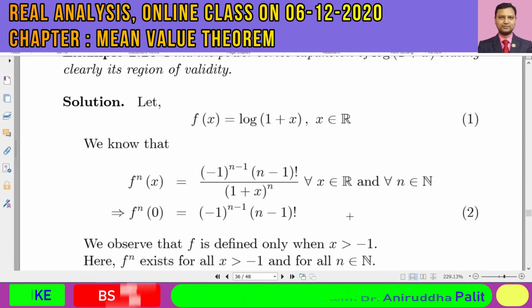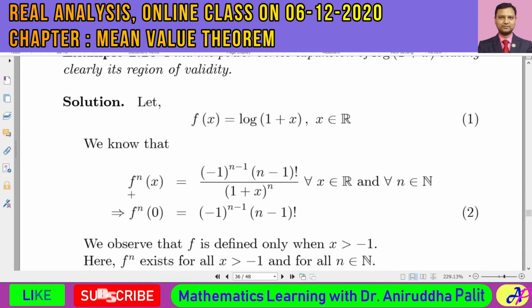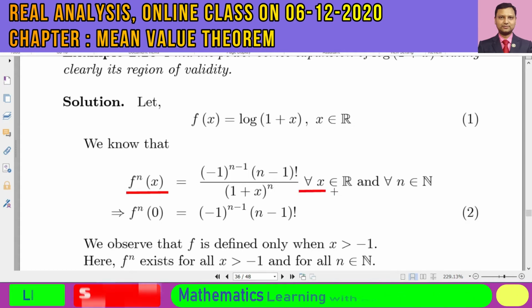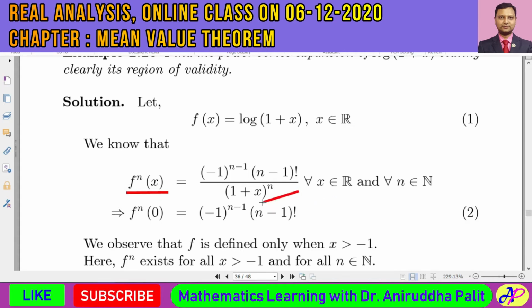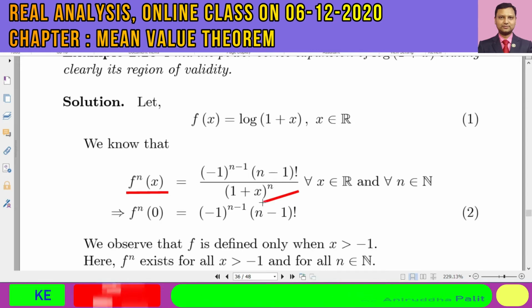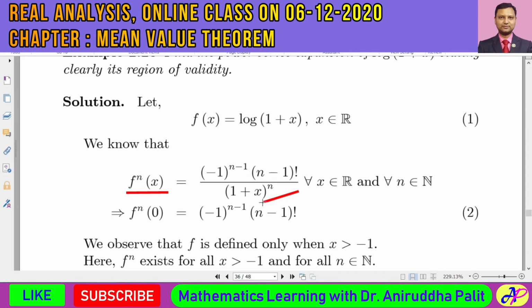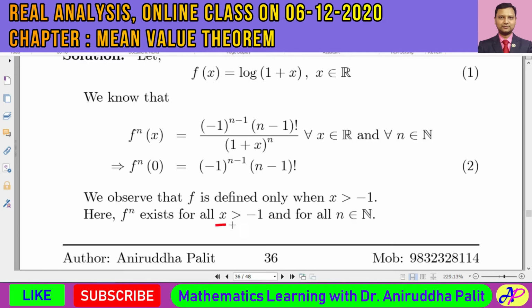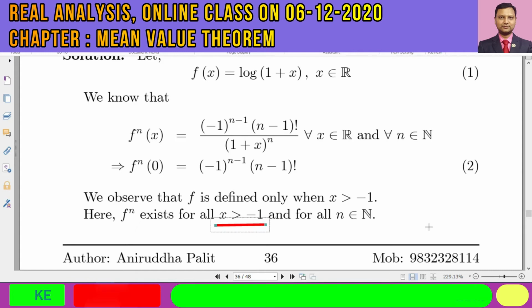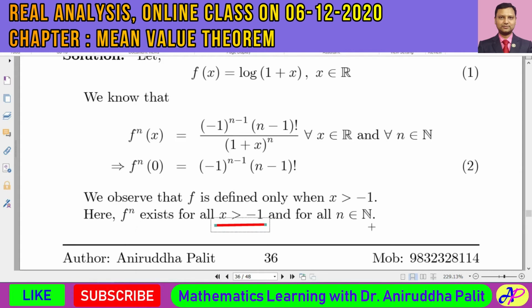Okay, so what we observe is that this f^n(x) must exist. This is a standard formula of the nth derivative of log of 1 plus x. I am applying the standard formula. And this f^n(x) exists only for x greater than -1, and this should be true for all positive integers n.